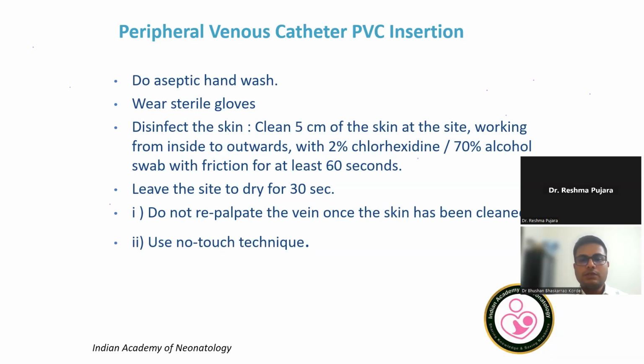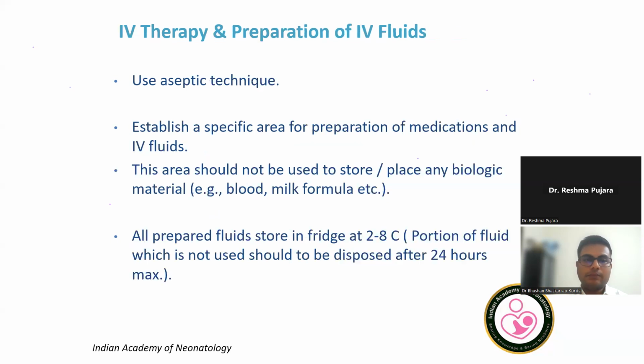You can use 2% chlorhexidine or 70% alcohol with friction for at least 60 seconds. Leave that area to dry for 30 seconds, and do not palpate the vein or skin once it is clean. Use a no-touch technique.